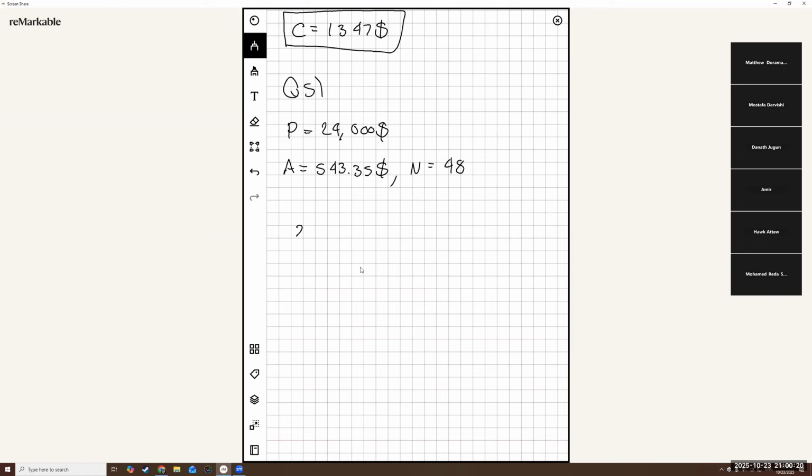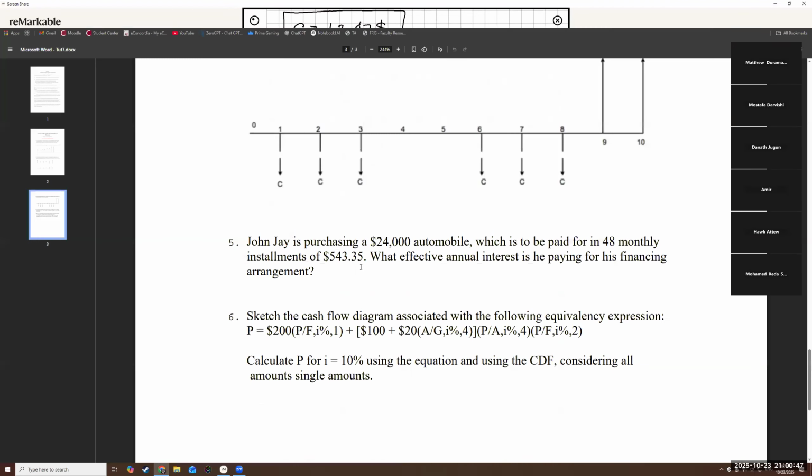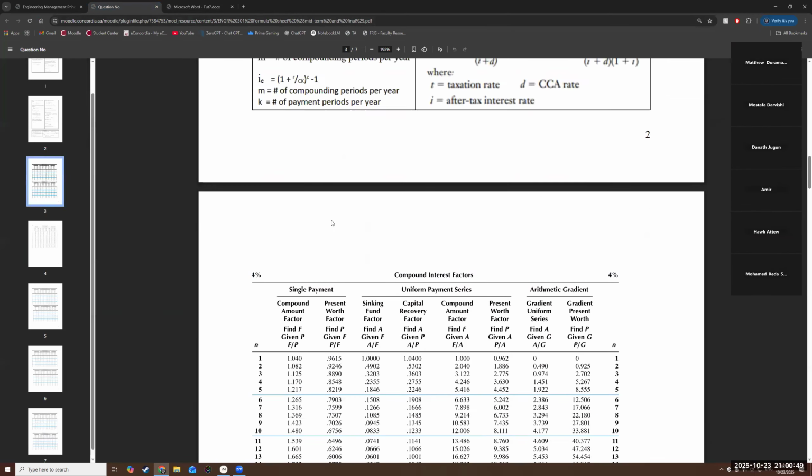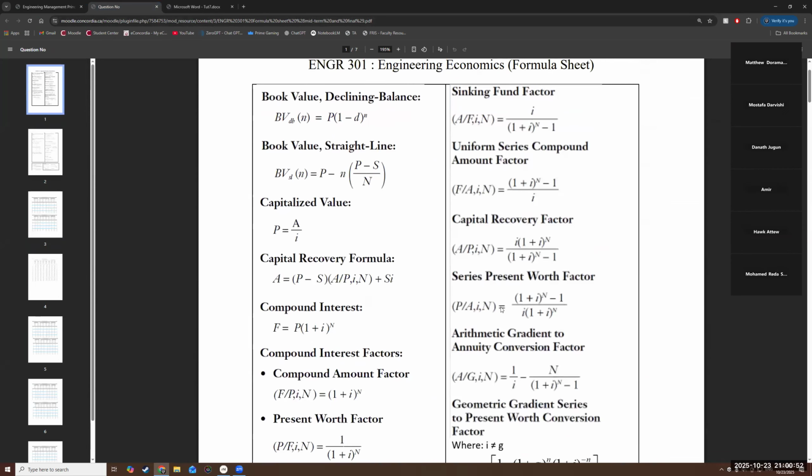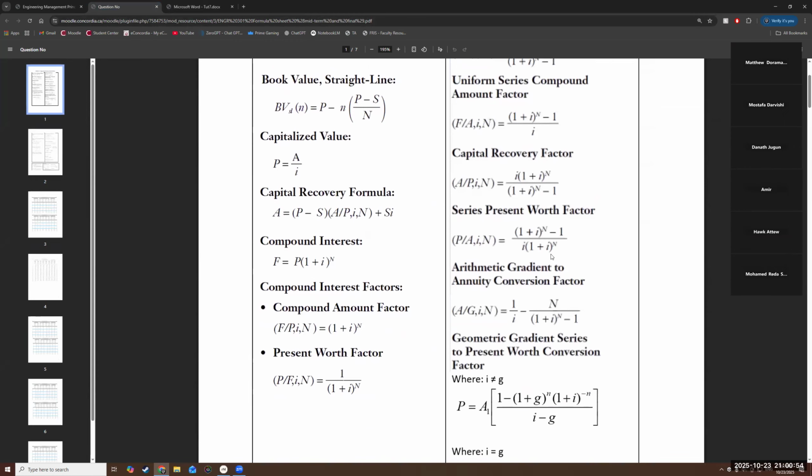Okay, we have $24,000, and that's equal to $543.35 installments at some unknown interest rate if you do 48 installments. What is the interest rate? Okay, what's our formula here? Our P/A formula. It's this.